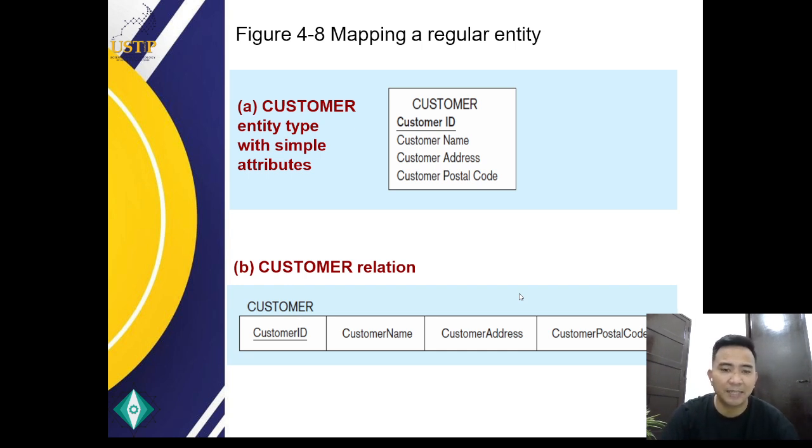So this relation is named customer. So it has the same attributes as the entity type represented in columns in the relation. Same as above. The difference is we have the customer relation for part B and a simple attribute for the customer entity.